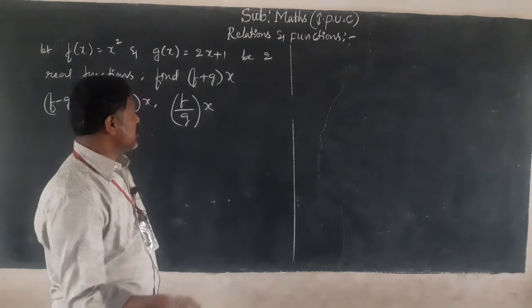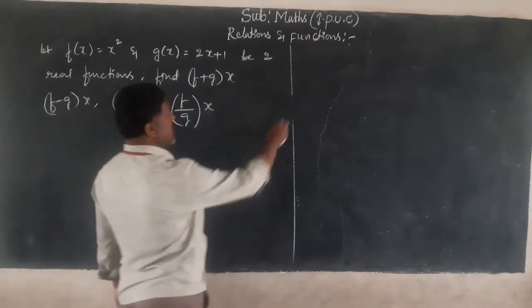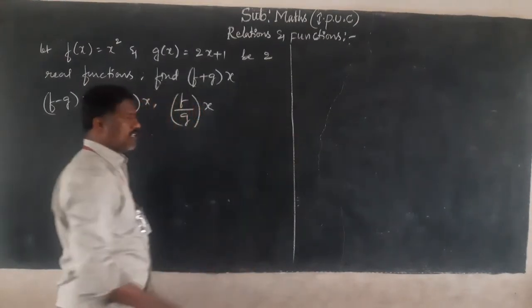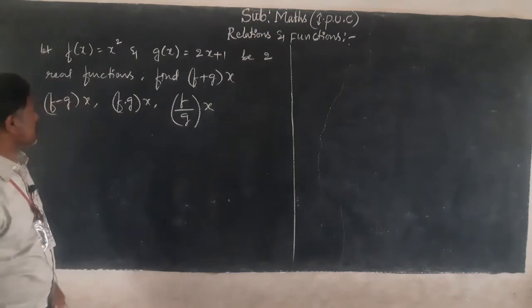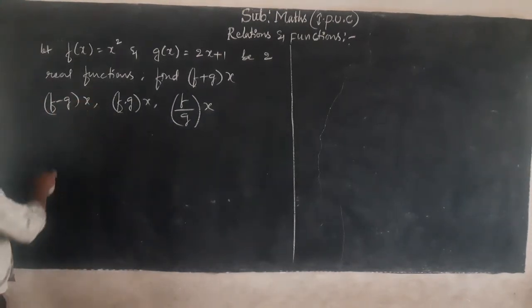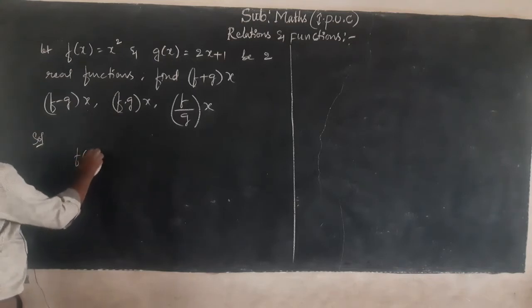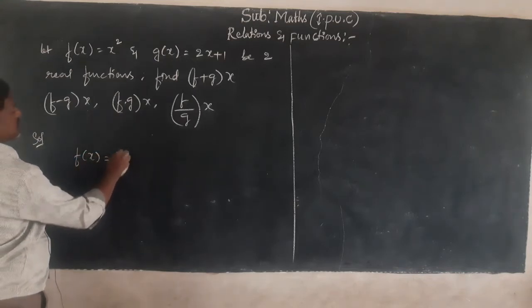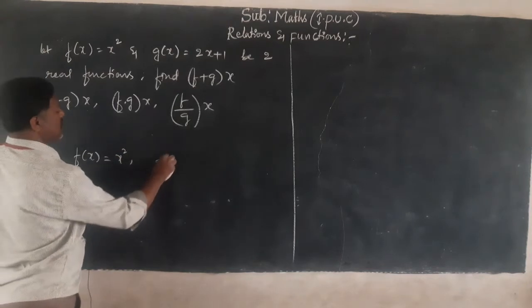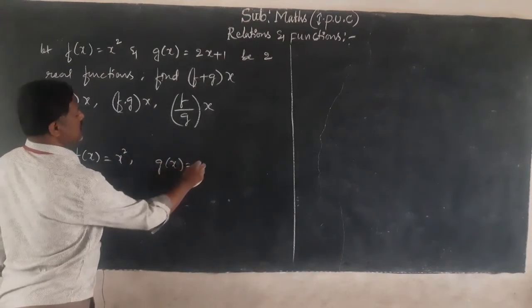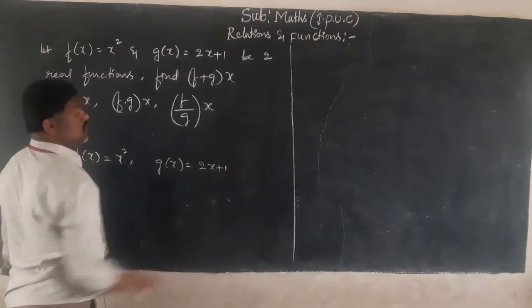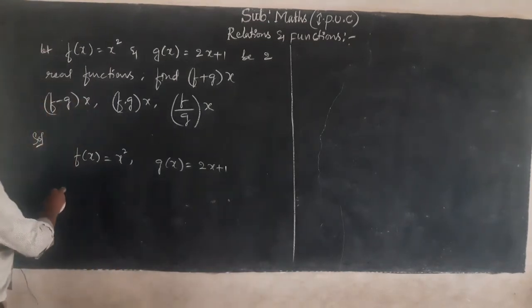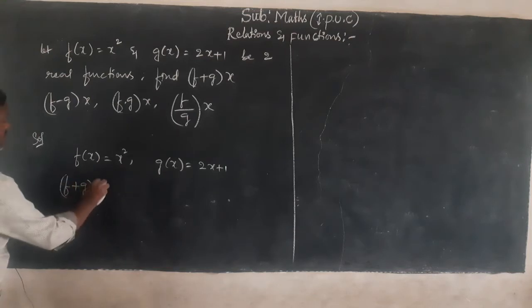Now let me explain the answer. Children, please look at the mobile screen. Given f of x is x square, and given g of x is 2x plus 1. Here we have to find f plus g of x.